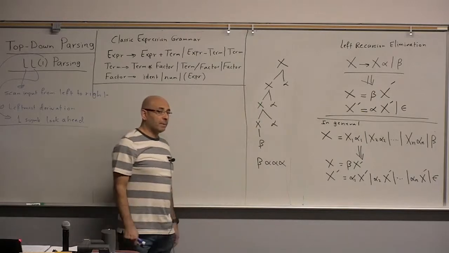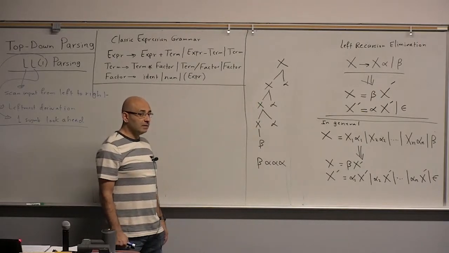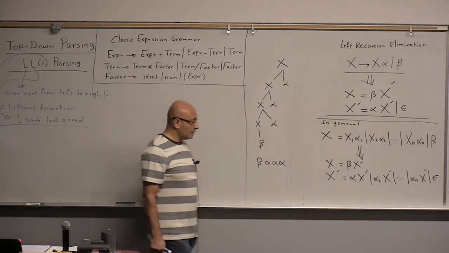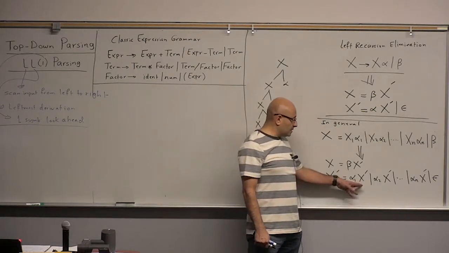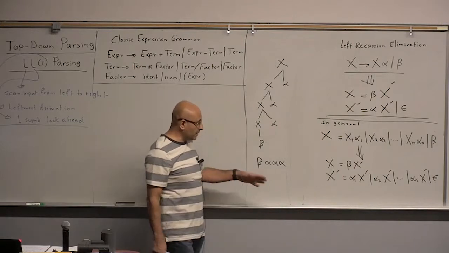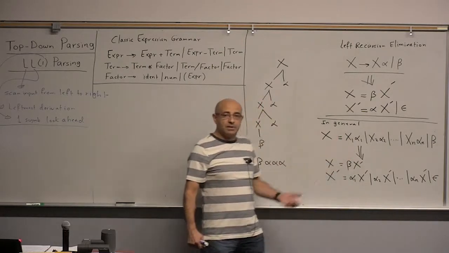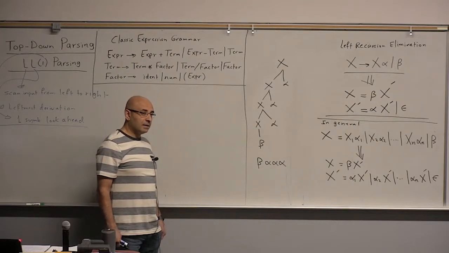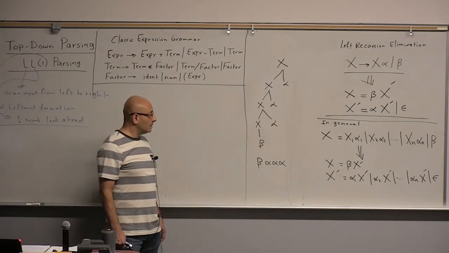Then it goes down to the x prime, and then you can have none, one, or more of the following symbols. But this is still recursion, it loops back in on itself, but it's not as messy.